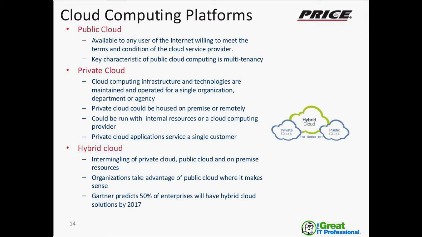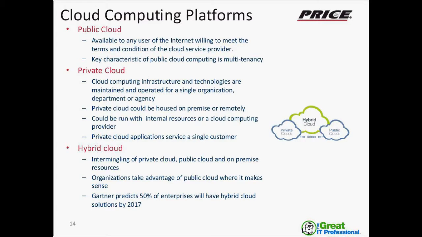They could be run with internal resources or a cloud computing provider. And they service a single customer. And the customer could be very big. It could be the U.S. Army, but it's a single customer.